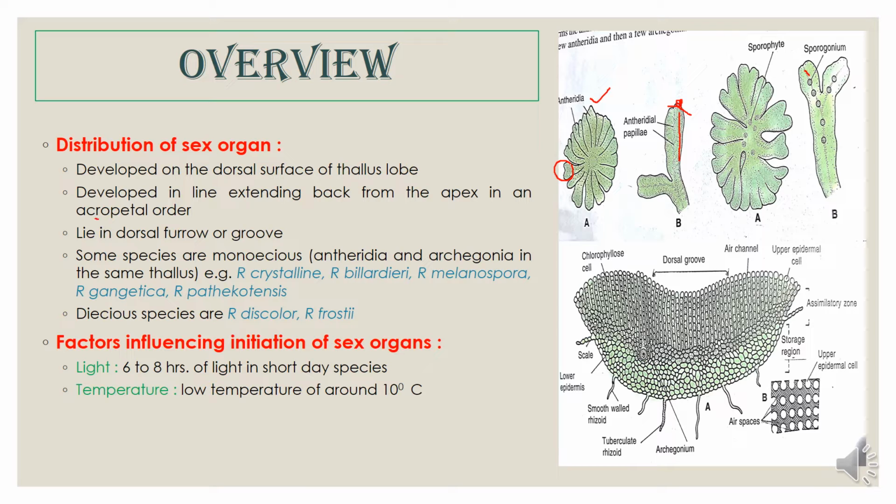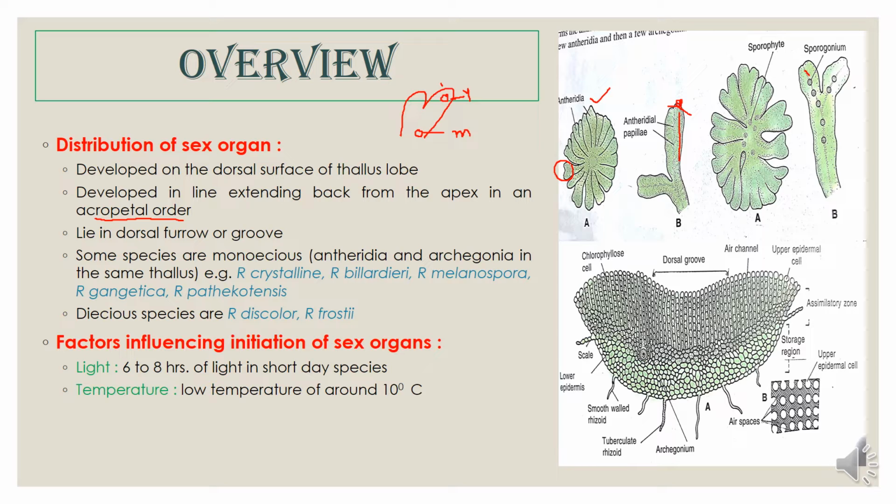Acropetal order means that the very young, immature sex organs are present at the apex. So if this is a lobe, very young sex organs are present here, and the very old, mature sex organs are present here.